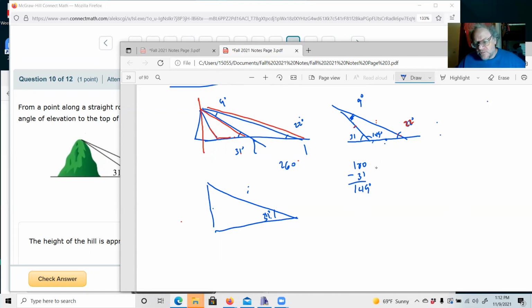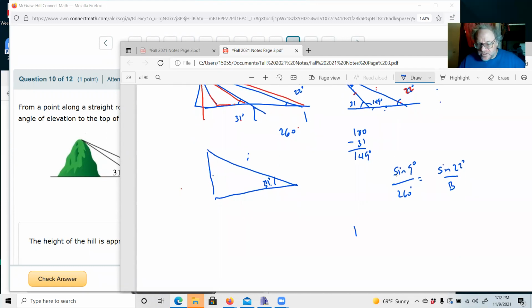So what we're going to do is say that the sine of 9 degrees over 260 feet is equal to sine of 22 degrees over b, however many feet that is. All we're going to do is solve for b. Let's do it in 2 steps.